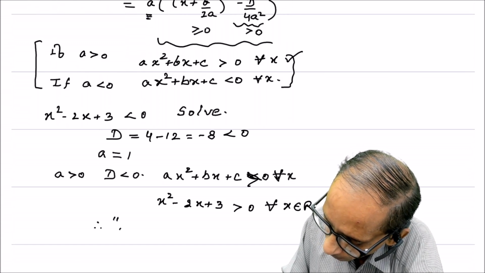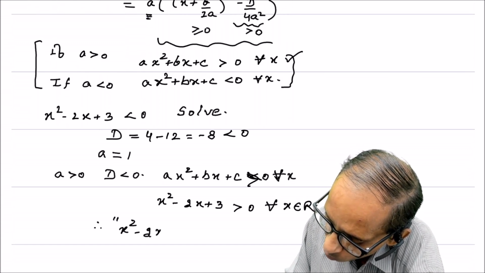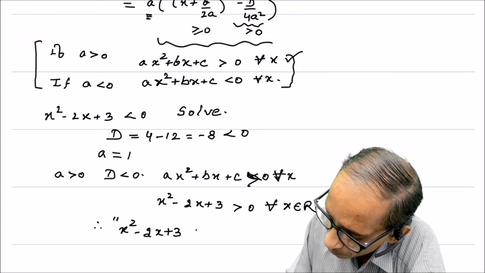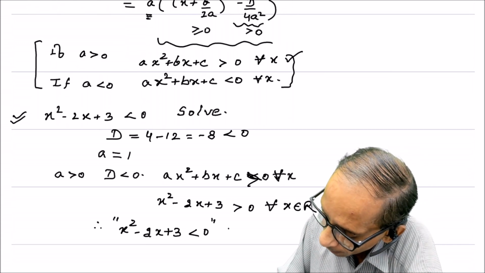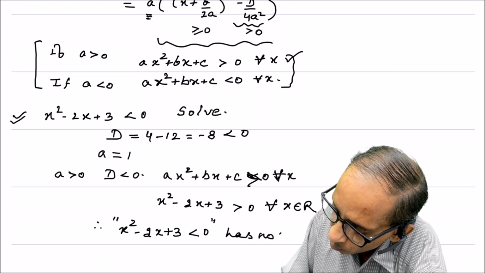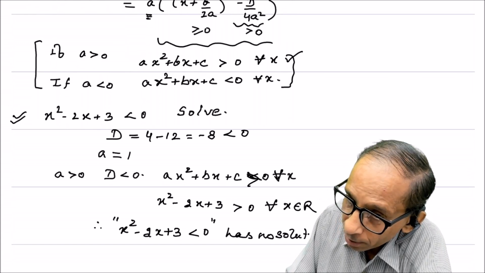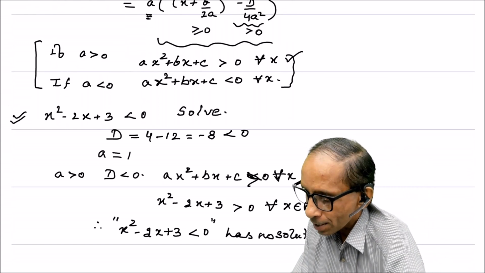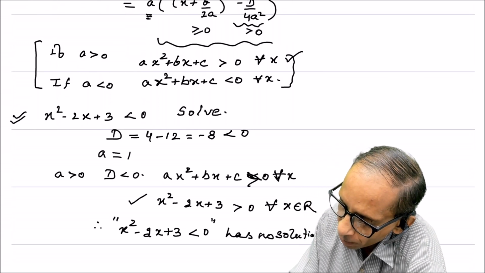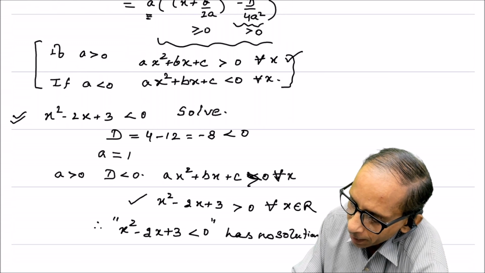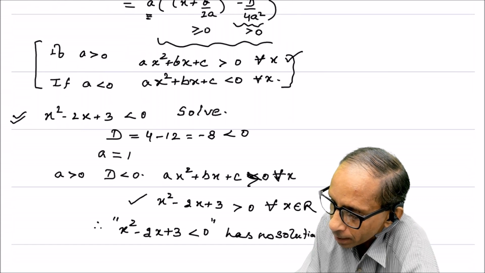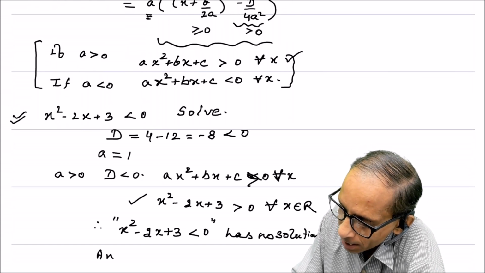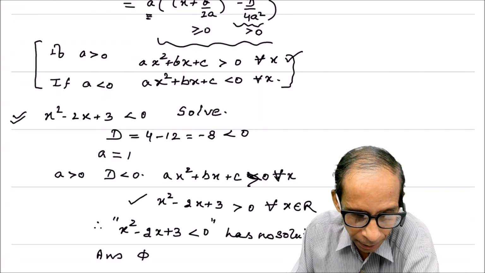Therefore, x square minus 2x plus 3 less than 0, that is the given question, has no solution at all. The reason is that since the expression is always going to be greater than 0, the case when the expression is less than 0 will not have any solution. That is the conclusion. So the answer for the given question is the null set.